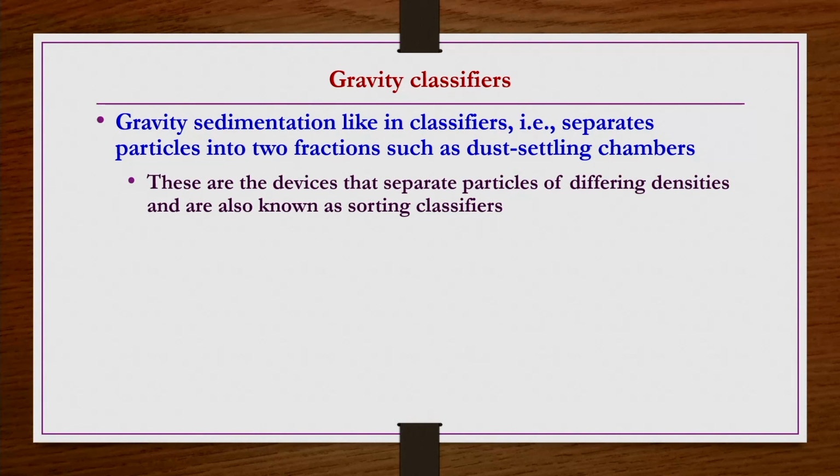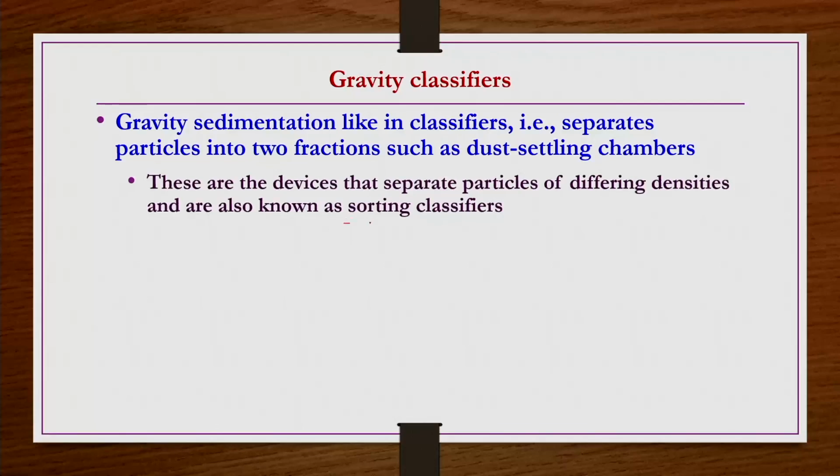The separation occurs because of gravity, but due to the difference in density, since different types of particles may have different densities. Because of their density differences, the particle separation from the mixture will take place in these classifiers. Of course, the external force applied is gravity. These classifiers are also known as sorting classifiers in some books.